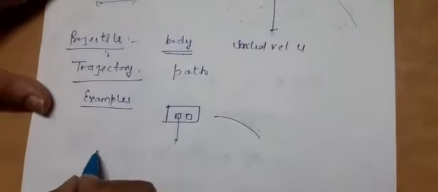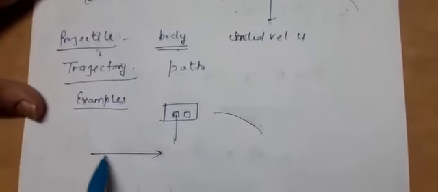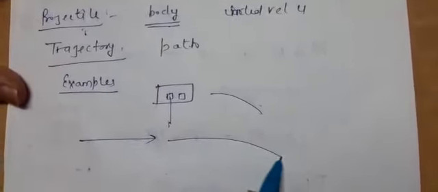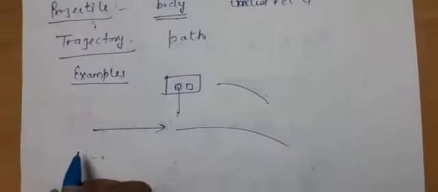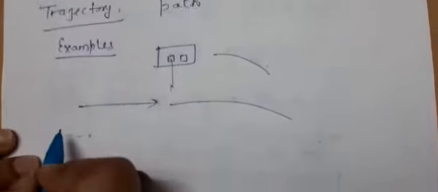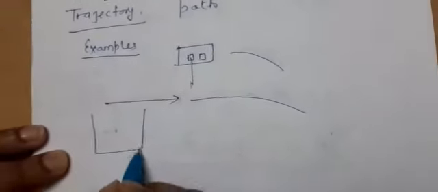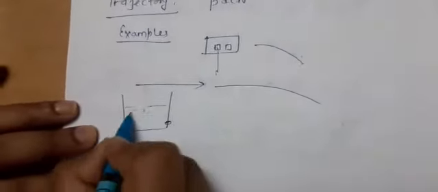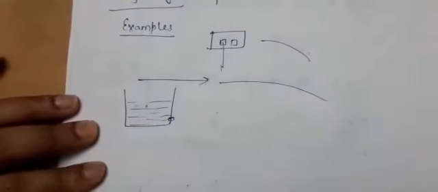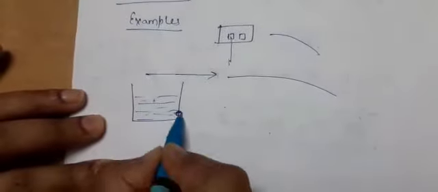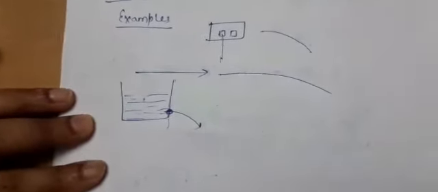Similarly, if you are firing a bullet from a rifle, it will not go straight, it will move along a curved path. And when you are opening a tap, a jet of water rushes out from the side hole of a vessel. Suppose here is a small hole in a tank with water filling it, and when you open the tap from here, it will not go straight, it will follow this curved path.